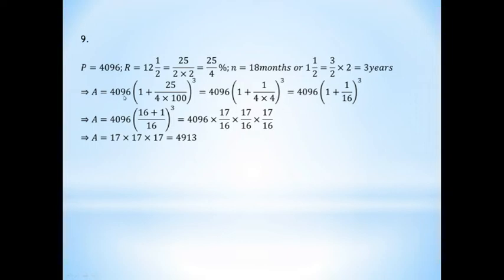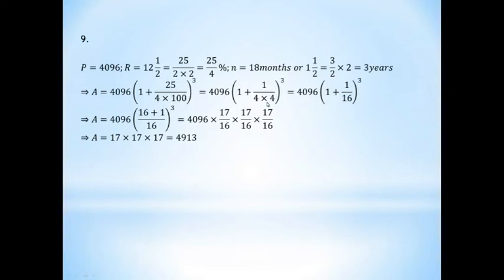Then here we have 4096 into 1 plus, here 25 by 4 is taken, over 100, to the power 3. In the formula, if you simplify 25 with 100, it is 1 with 2500 is 4 times.